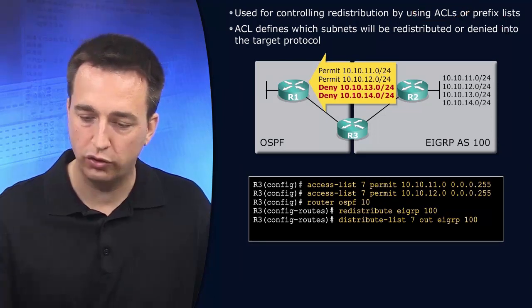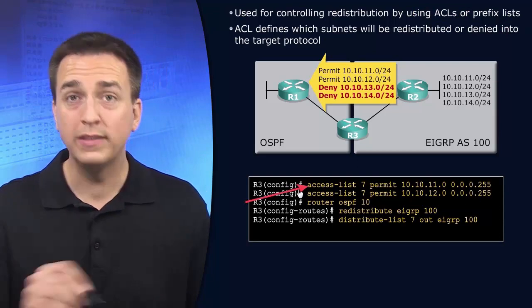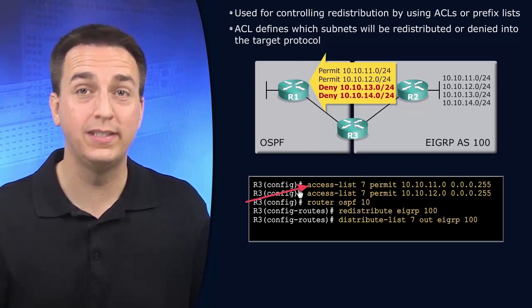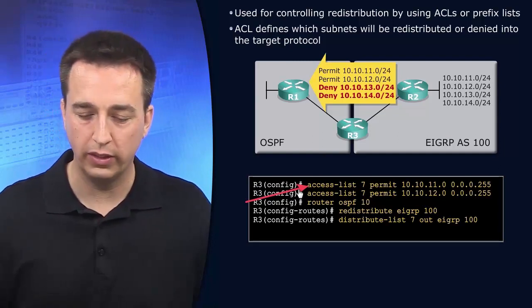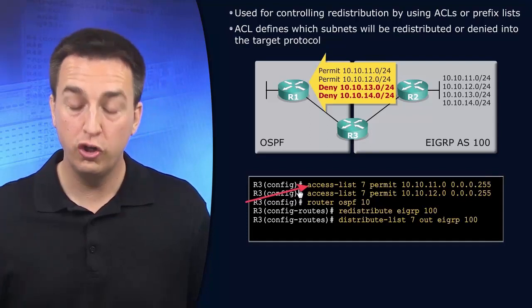And what does the access control list identify down here? Well, it's access control list 7. Therefore, it's a standard IPv4 access control list. It says permit 10.10.11.0 0.0.0.255.